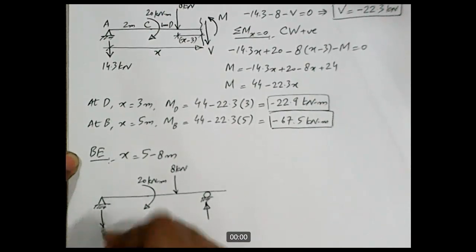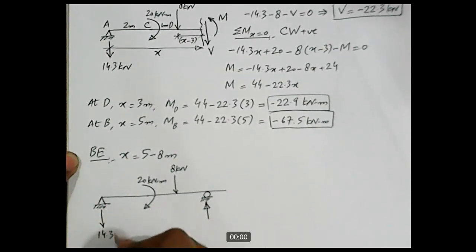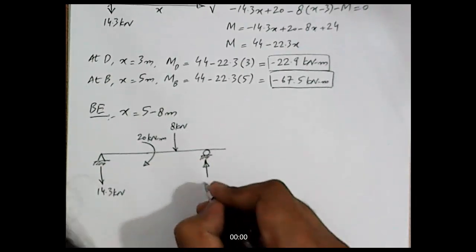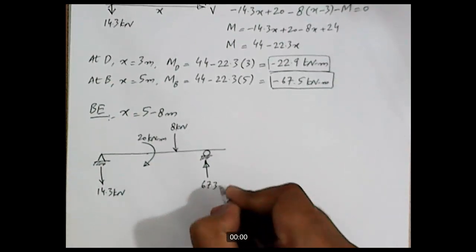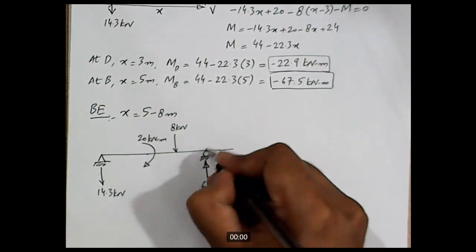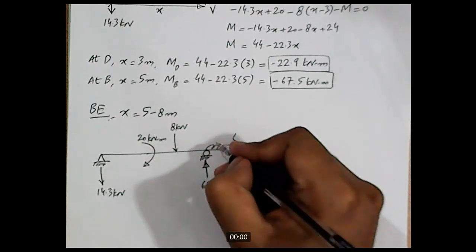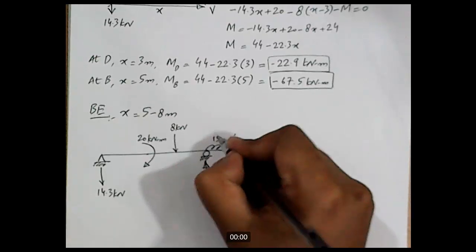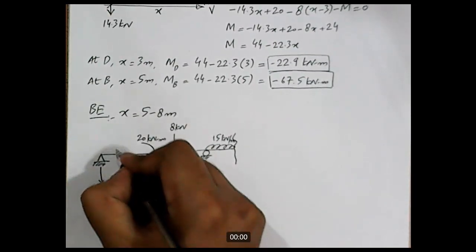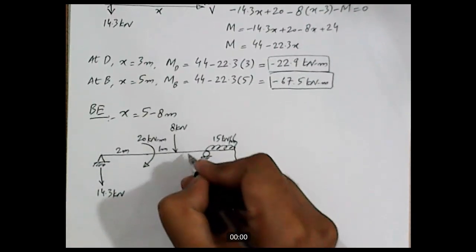Similarly, we have a reaction under the hinge support, 14.3 kilonewton and 67.3 kilonewton. We have a UDL in this part. Here is the section. Intensity of the UDL is 15 kilonewton per meter. This distance is 2 meters, 1 meter.